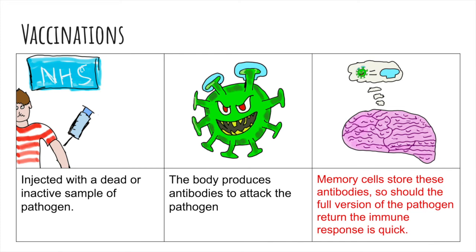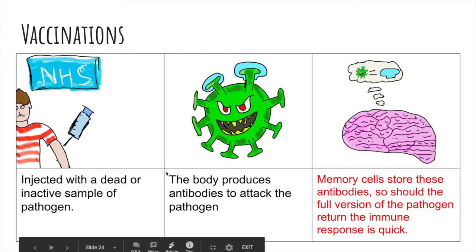So if you're immune to smallpox through the vaccination that we just looked at, when you're exposed to the real thing, your body immediately knows how to fight it, and it just squashes it and it stops it taking hold. And this is how vaccinations work.